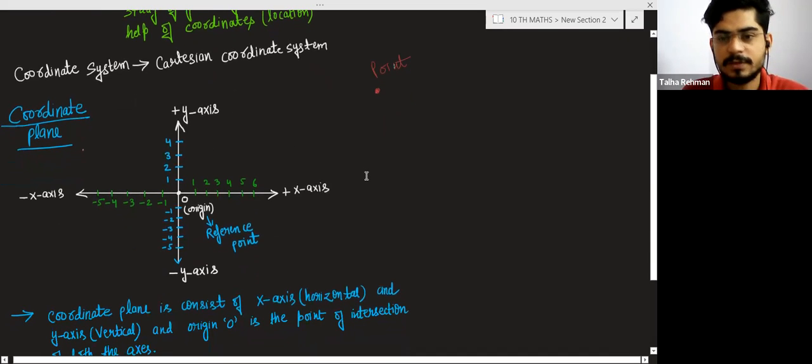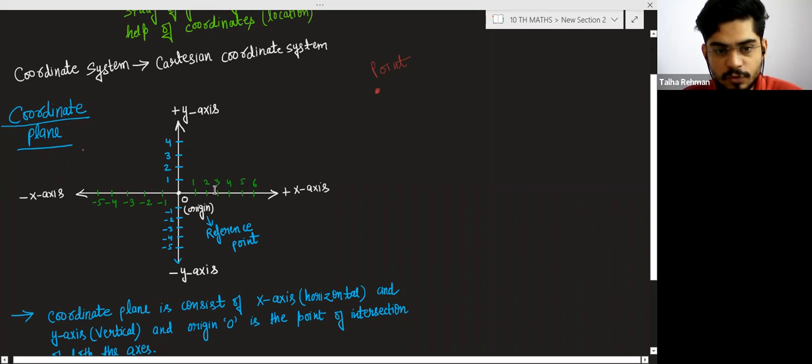We are studying the Cartesian coordinate plane. In this we have x-axis, this horizontal line is x-axis, and this vertical line is y-axis. And the intersection point, this O, is origin, the reference point.